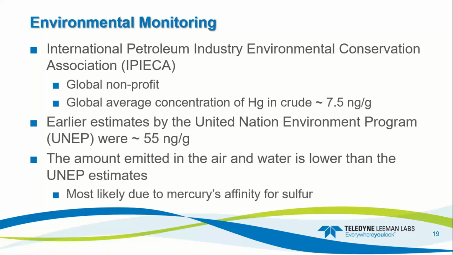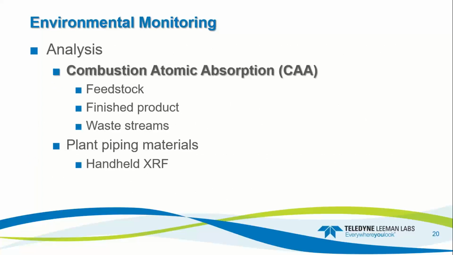Earlier, the United Nations estimated those values at 55 ppb. And the amount emitted in the air and water is lower than what the United Nations Environment Program estimates. I think this is most likely, and some of the reports say it's most likely due to the affinity for sulfur, which may or may not have been calculated in some of the estimates.